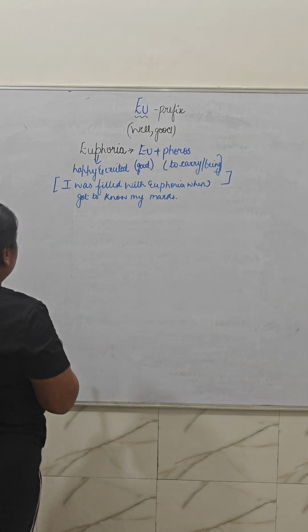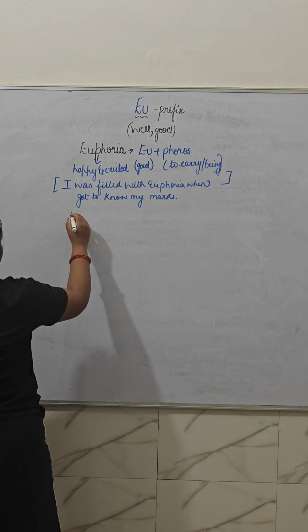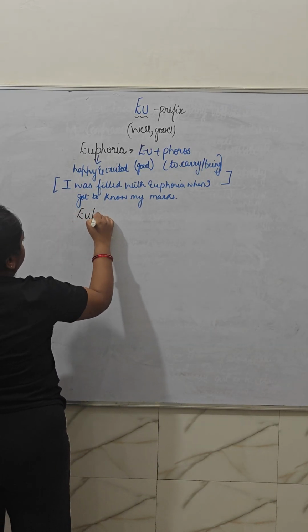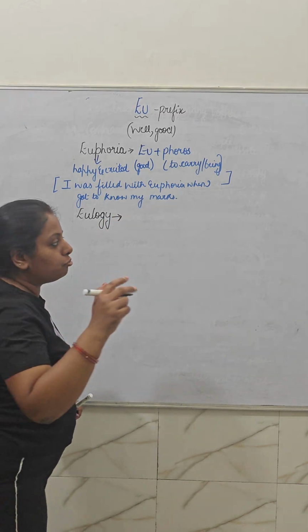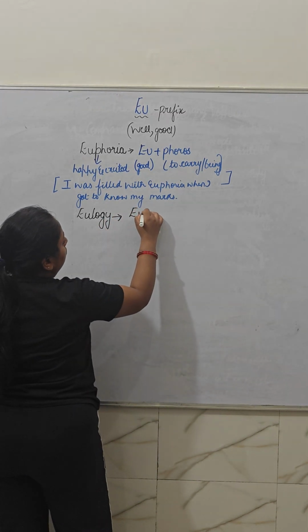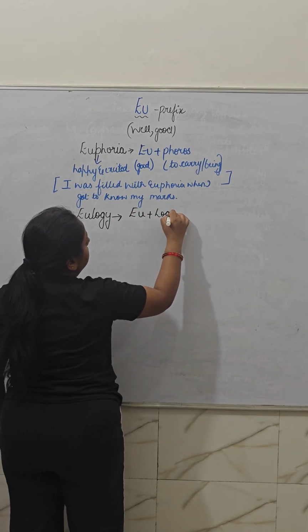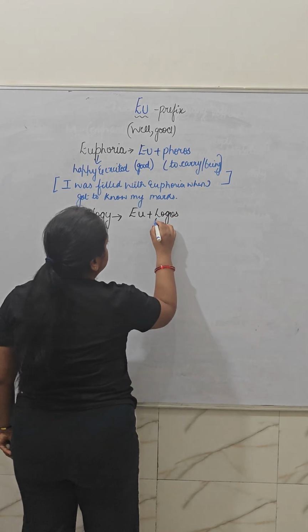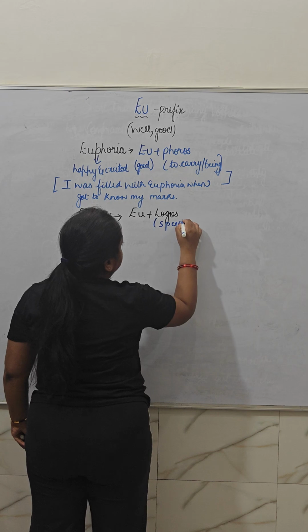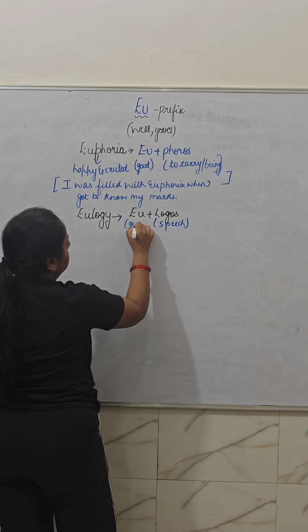Now moving to the next word, which is eulogy. You can break this word into two: EU plus logos. And the meaning of logos is speech. This is good speech.